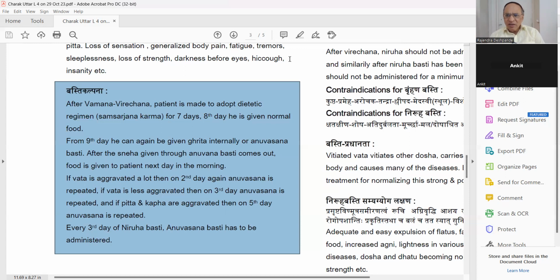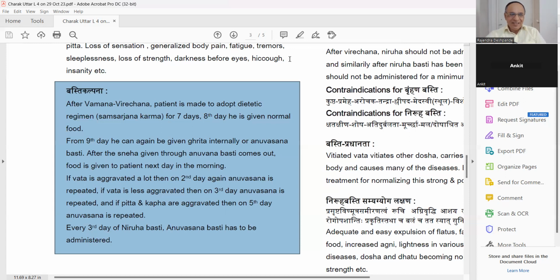Sir, what is Ardha Chikitsa? Ardha, half. That means it has 50% weightage in your Shodhana and Shamana Ayurvedic treatment. If you give Basti, best treatment. Okay, 50% importance to Basti, not for Vamana, not for Virechana.